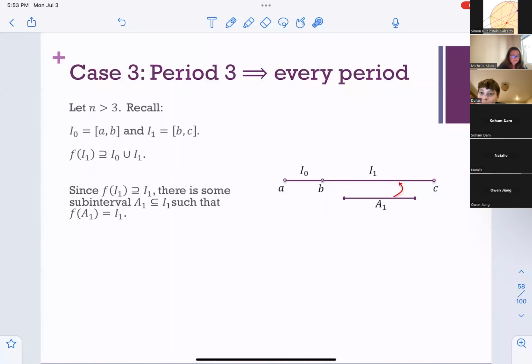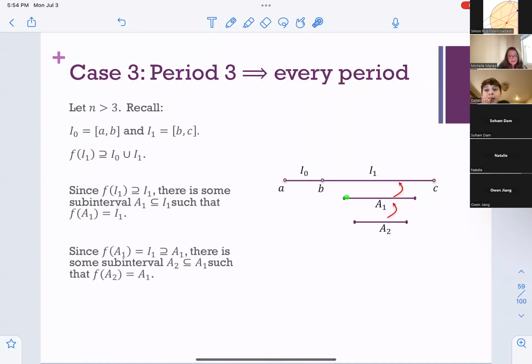So here we go. The image of I1 covers the whole interval. So in particular, it covers I1. So I'm going to shrink it down to make it exact. I'm going to take A1 to be the subinterval so that A1 exactly maps onto I1. And then I'm going to do it again. A1 exactly maps onto I1, but that covers A1.